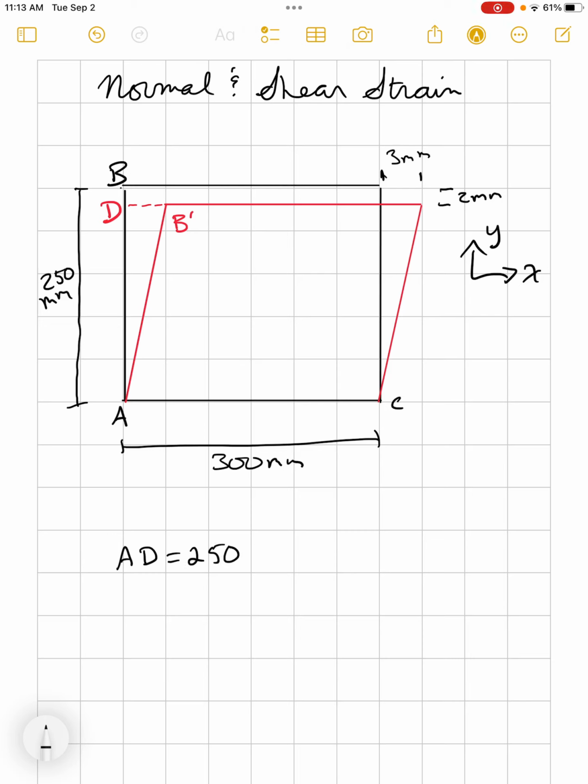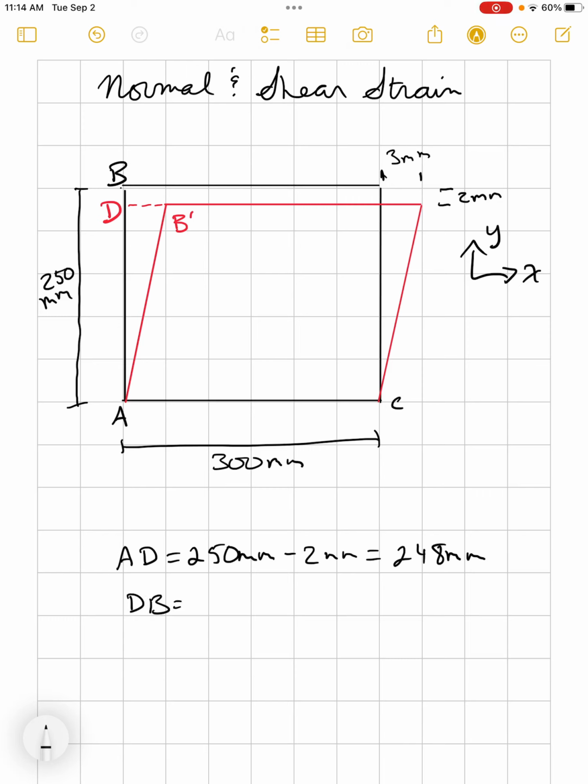So that's going to be 250 millimeters minus 2, because that's how much shorter it is, and that gives us a length of 248 millimeters, okay? And then we need to figure out the distance between D and B prime, so that we can use the Pythagorean theorem to get the length of AB prime, okay?